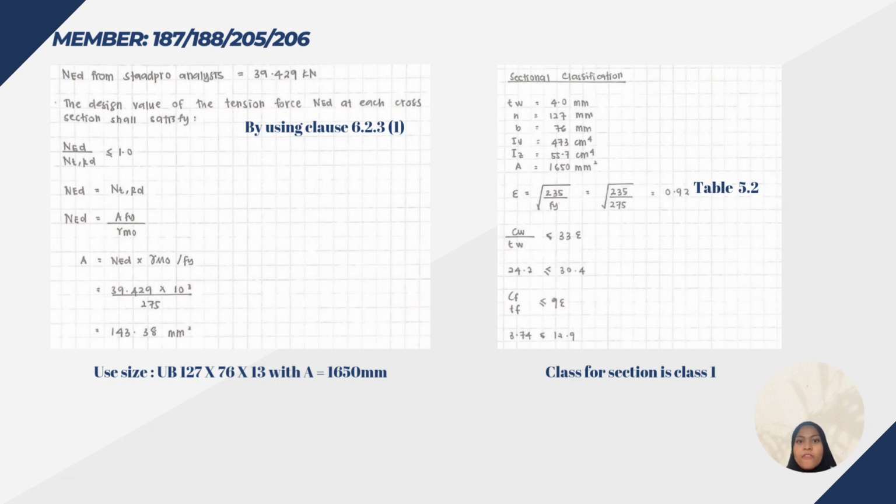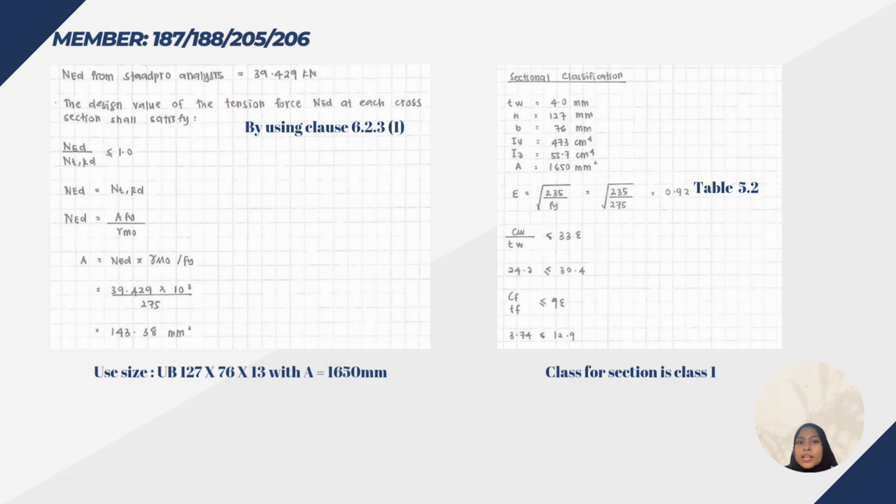By using the formula NED equal to A fy over gamma M0, we can get the area value, which is 143.38 millimeter square. So we decide to use 127 by 76 by 13 with area 1650 millimeter square for column.